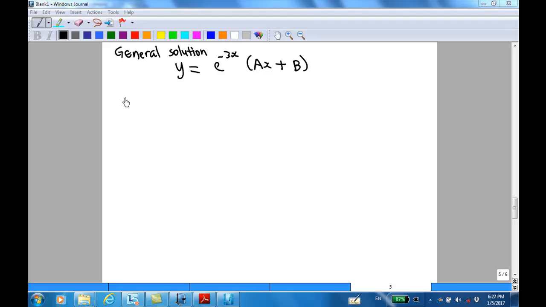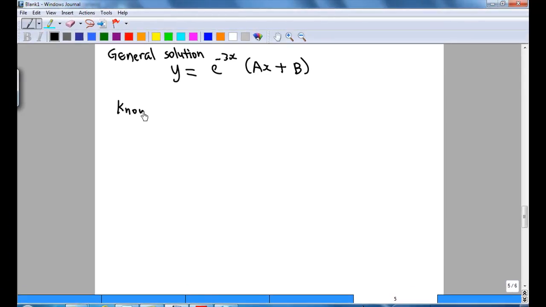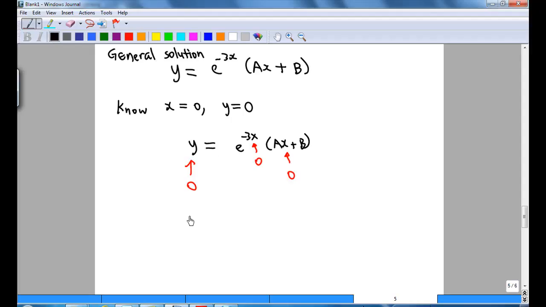We are given that when x equal to 0, y equal to 0. So put y equal to 0 and x equal to 0 inside the equation. Then we get 0 = e^0 times (a times 0 + b), where e^0 is 1 and a times 0 is 0.